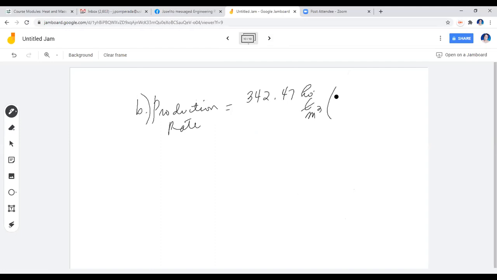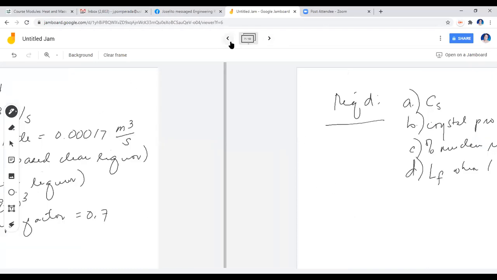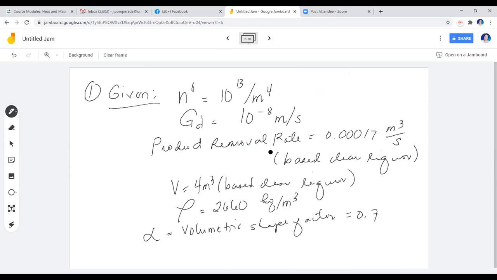We will multiply it with the production rate, cubic meters per second. Actually, it's defined here as the product removal rate. Your product removal rate is still your production rate.